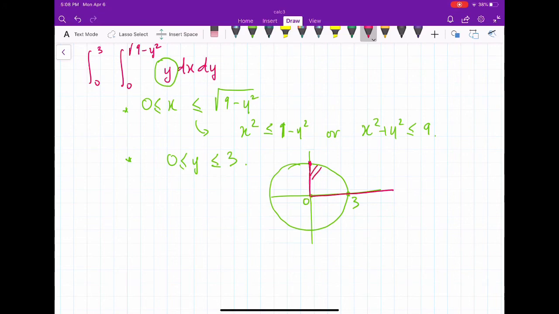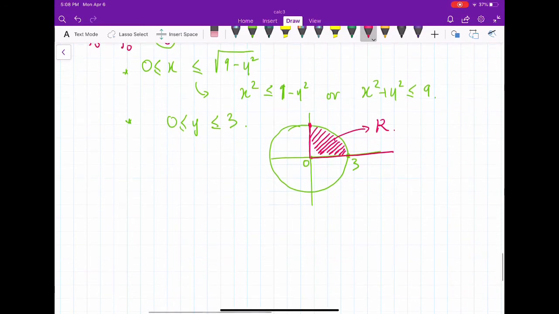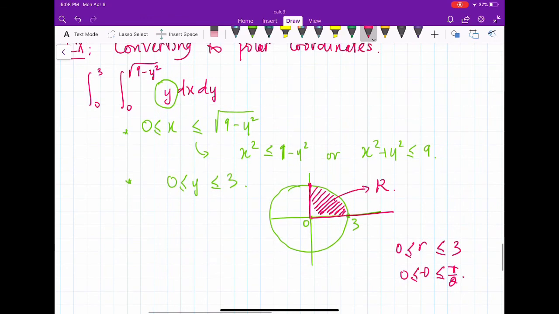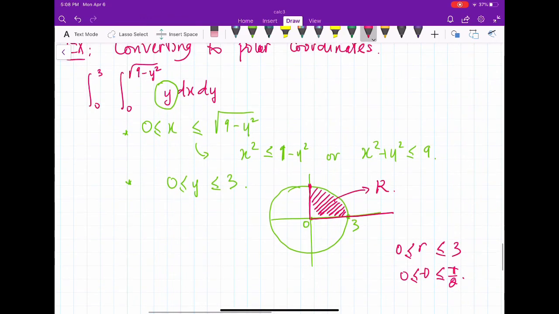Both of them are positive, so this is our region R. Make sense? And we know this region can be described using r and theta. r is greater than or equal to 0, less than or equal to 3, and theta is between 0 and pi over 2. So you can rewrite your integral in terms of r and theta.